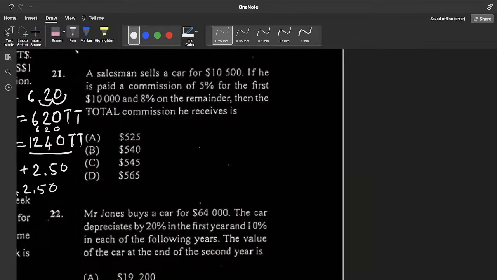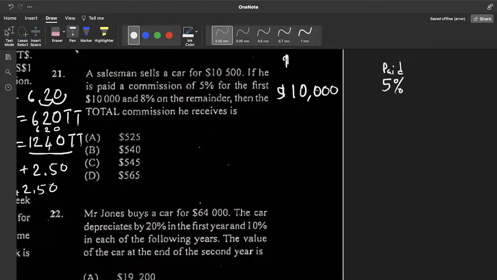A salesman sells a car for $10,500. If he is paid a commission of 5% for the first $10,000, so he has $10,000. He's paid a commission of 5% of the first 10,000. Okay? So this 10,000 that he has here, he's paid 5% of that.